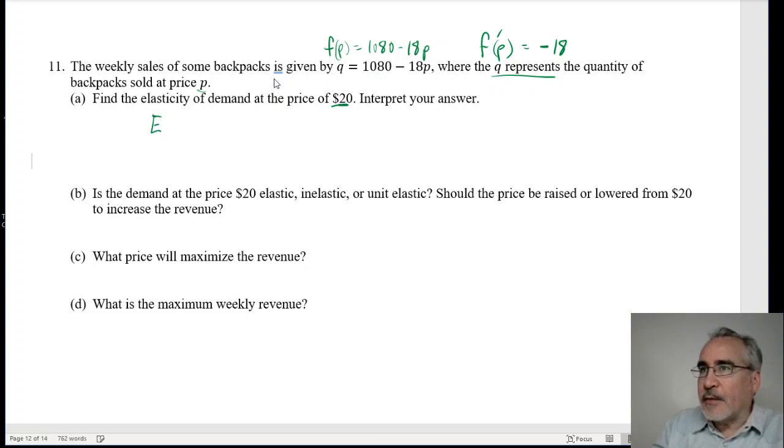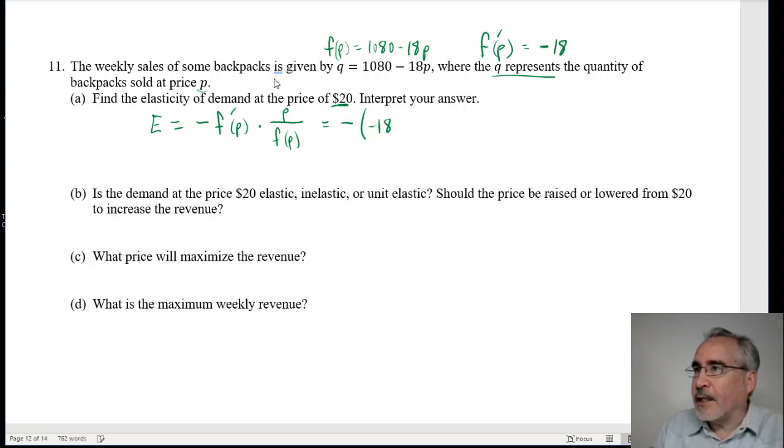So first let's set up the formula. E is equal to minus the derivative of the demand function times P over the demand function. Okay, so we're going to say it's minus negative 18 times P over 1080 minus 18P.